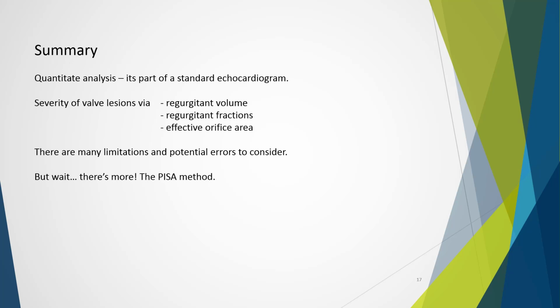There are limitations and potential areas of error for the stroke volume method that have been explored here. And finally, there is another method that is frequently utilized in echo for regurgitation. This is the PISA, or proximal isovelocity surface area, method, and we'll discuss this one further in forthcoming lectures.